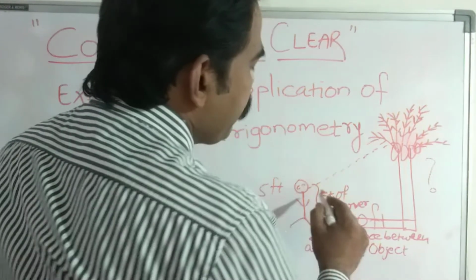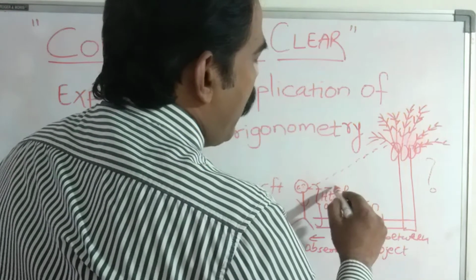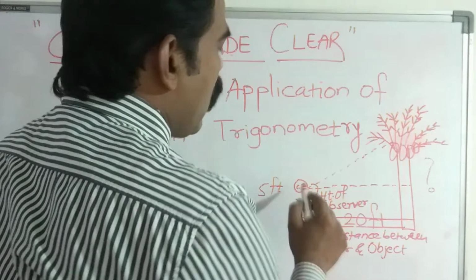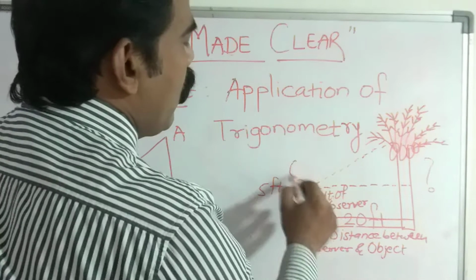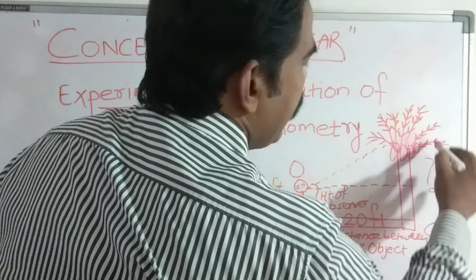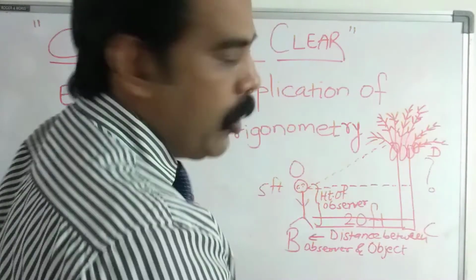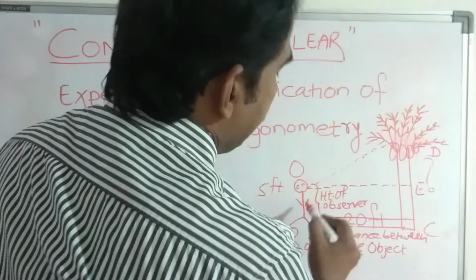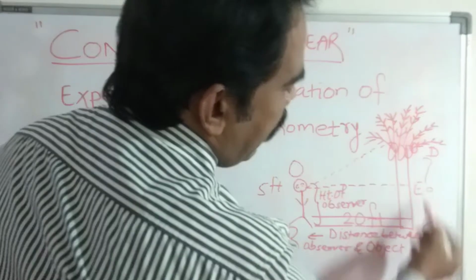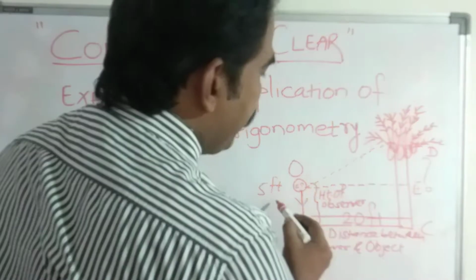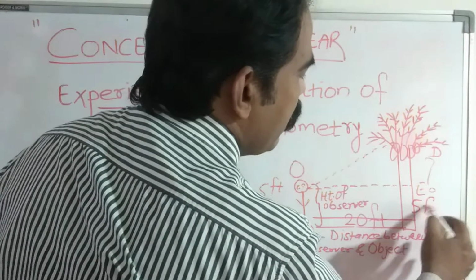First we'll draw a parallel line here. This is the observer, so we'll say it is O, B is the observer's position, CD is the height of the object, and this point is E. OBCE is a rectangle. So if this is 5 foot, this is also 5 foot.